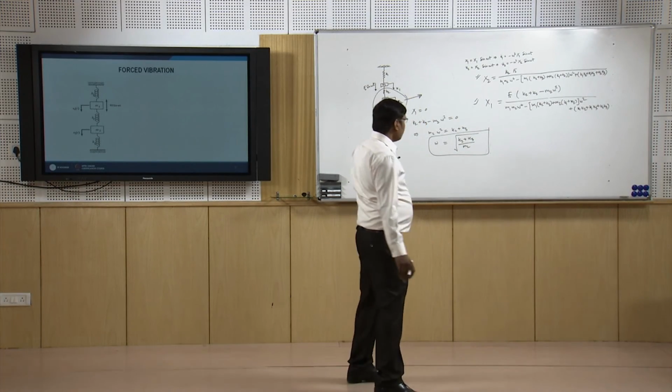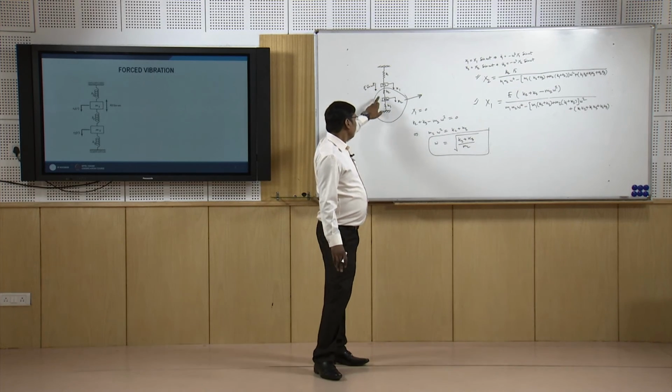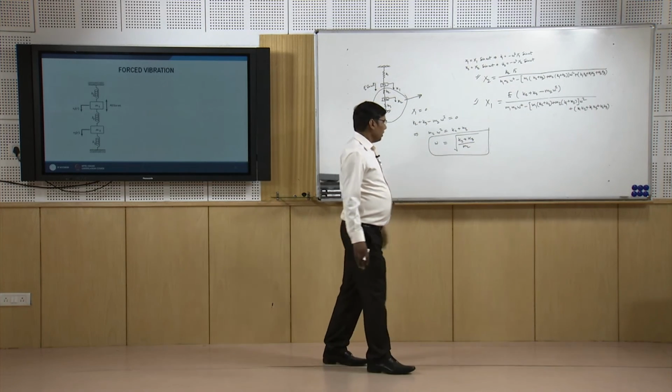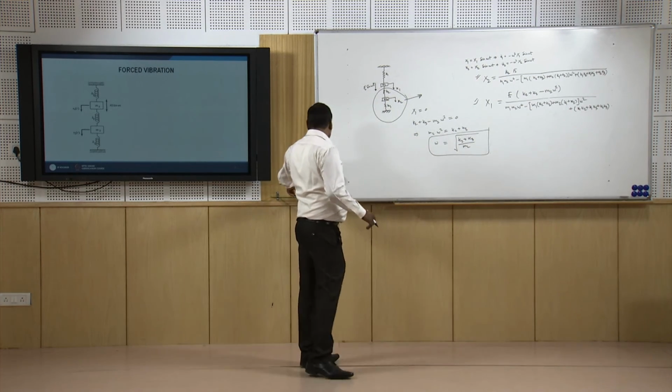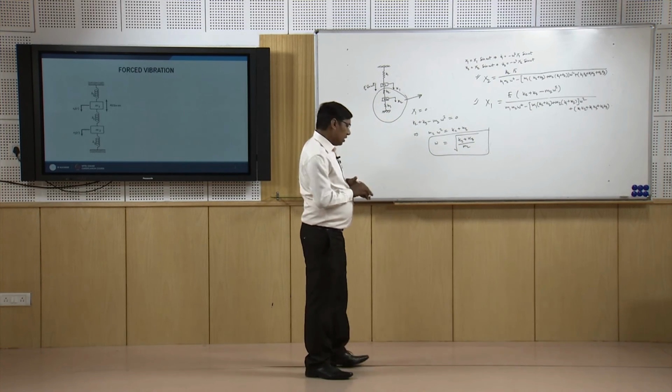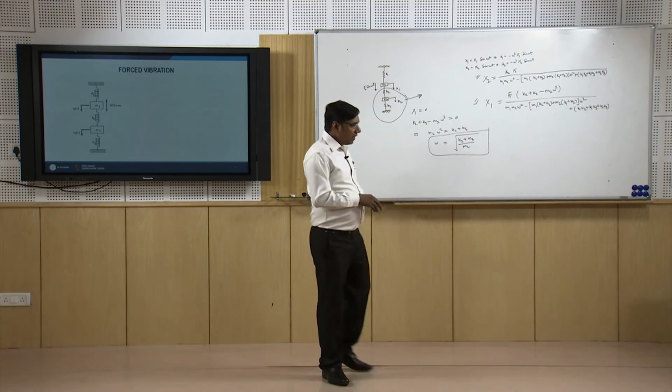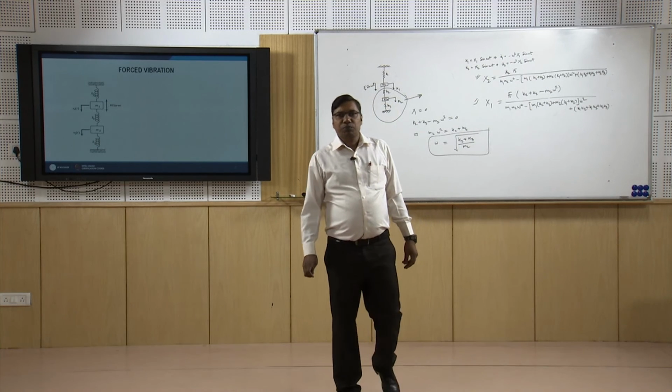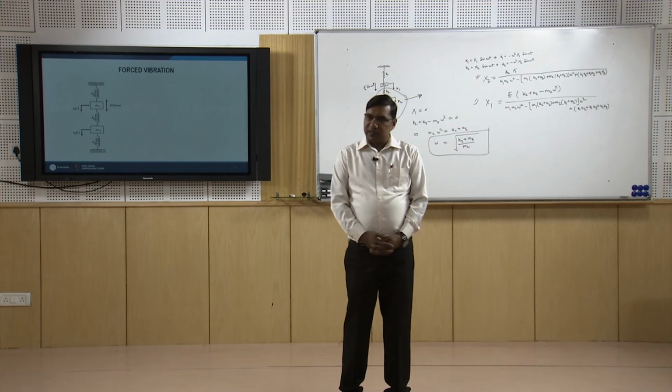So vibration of mass m2 is not 0, but vibration of m1 is 0 here. So this gives the principle of the dynamic vibration absorber, and that we will discuss in detail in the next class.